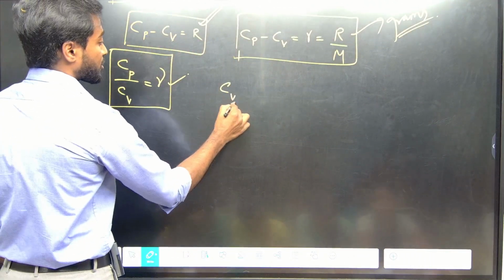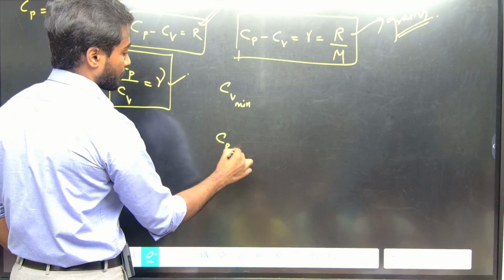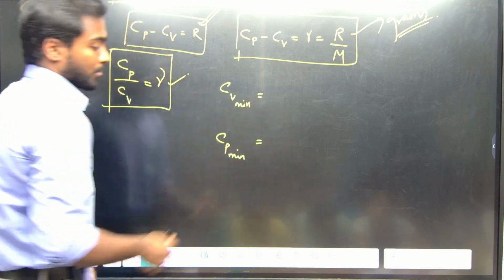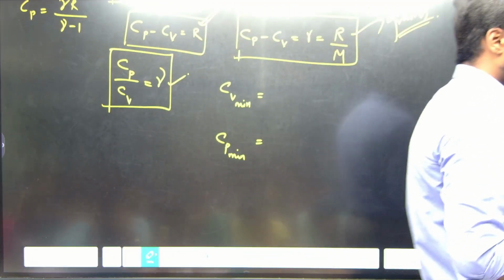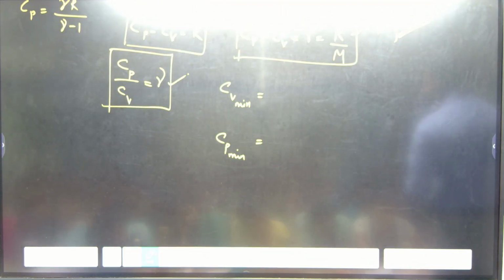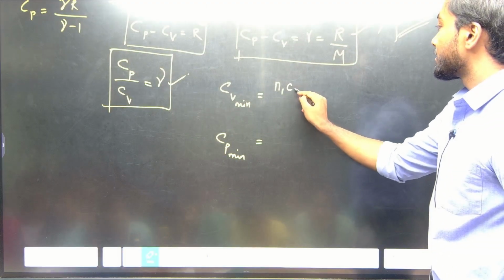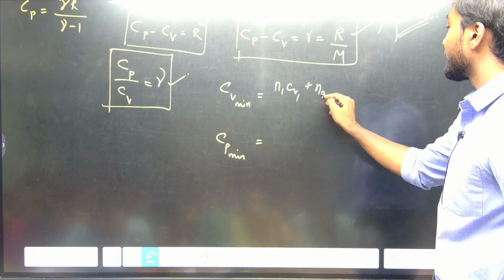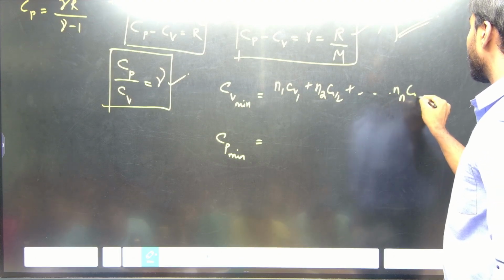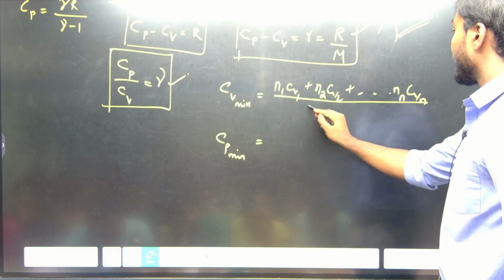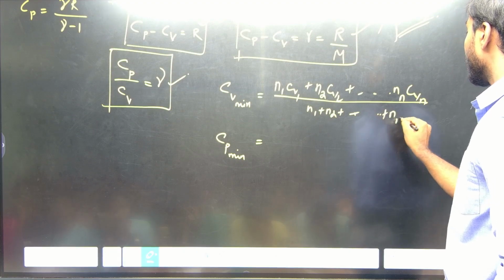So Cv mixture and Cp mixture. Cv mixture is equal to N1 Cv1 plus N2 Cv2 up to Nn Cvn, divided by N1 plus N2 plus up to Nn.